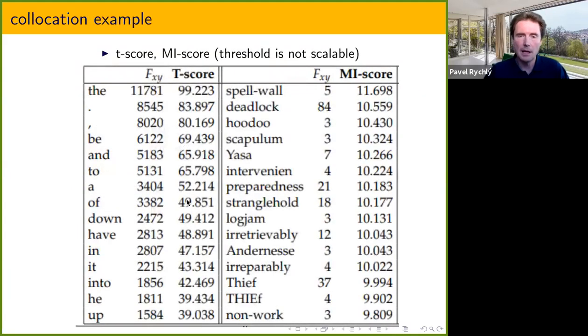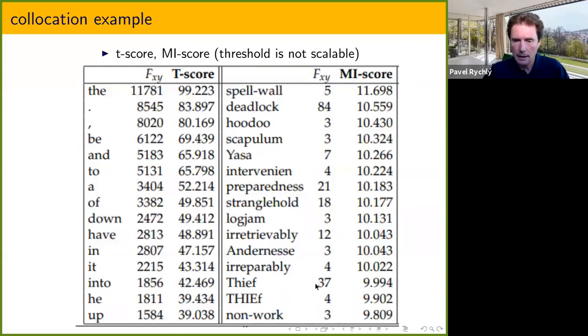Here are some examples for T-score and MI score for the word break. We can see that T-score highlights the most frequent words, and MI score highlights the low-frequency words.